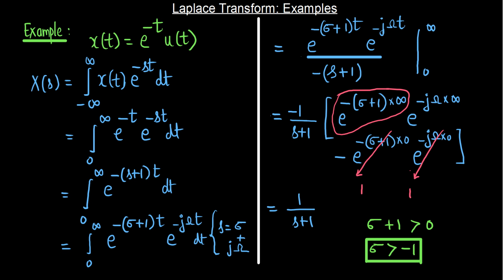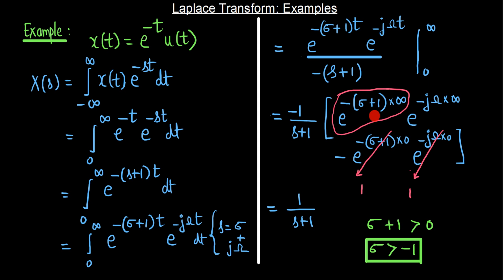The other terms will vanish, so this term is going to vanish, so it is going to be only if this term is positive, this complete term is going to be 0.